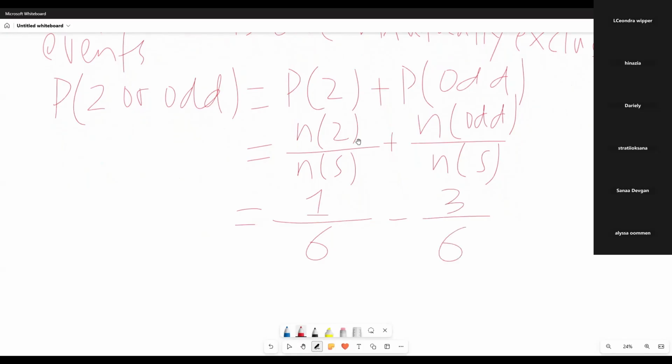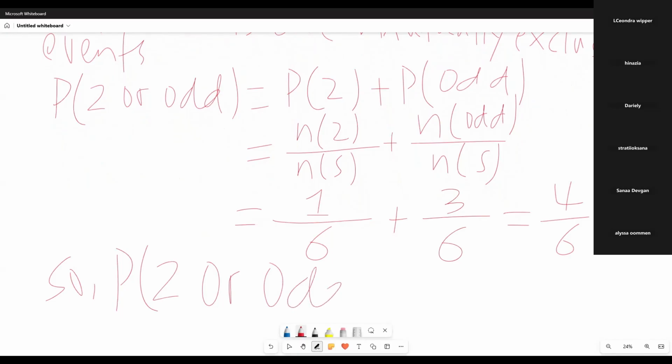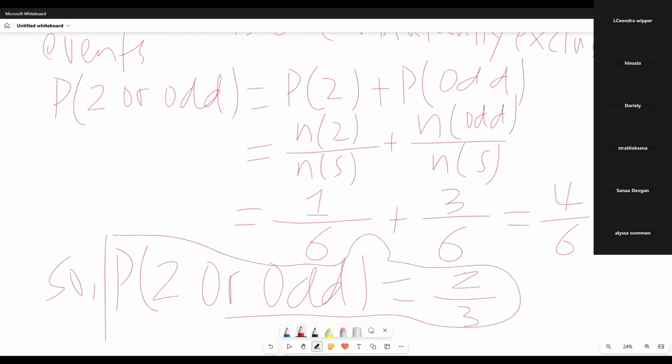And that's 3/6. That's 4/6. So P of 2 or odd would be 2/3. Okay, that's how you use the addition rule of probability.